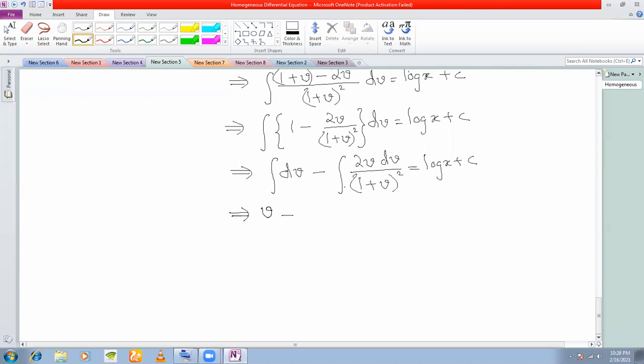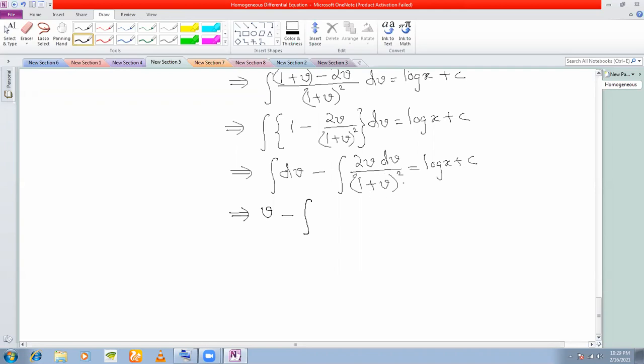Now how do you integrate this one? Any idea? No, sir. You see, you have a power of v in the numerator as 1 and the power of v in the denominator is 2. So in this case, we try to express the numerator as the derivative of the denominator.